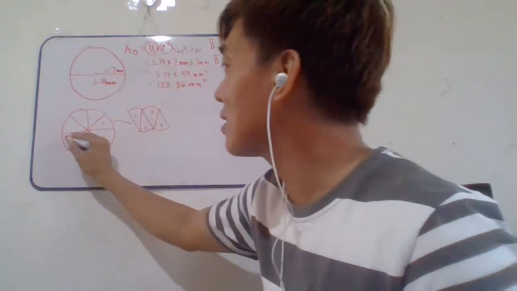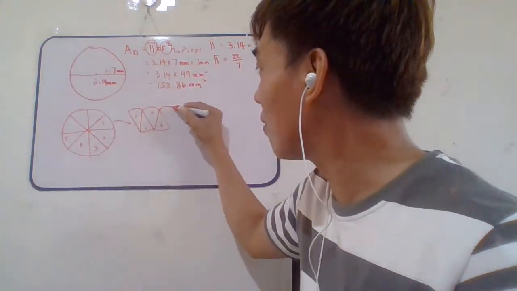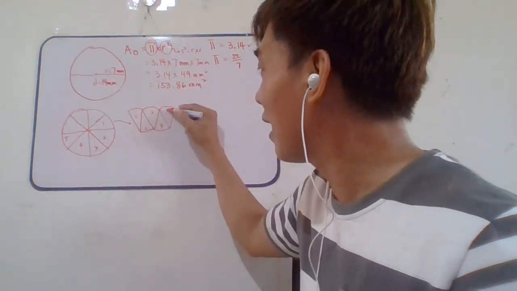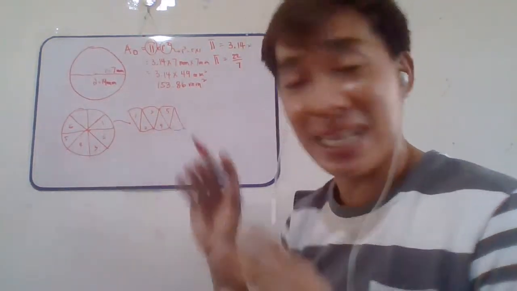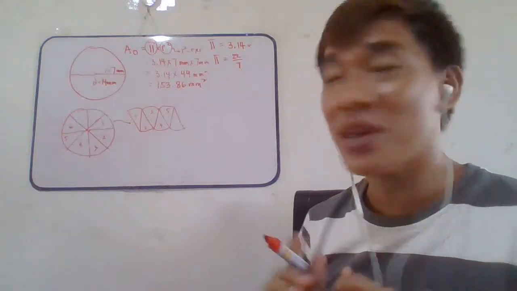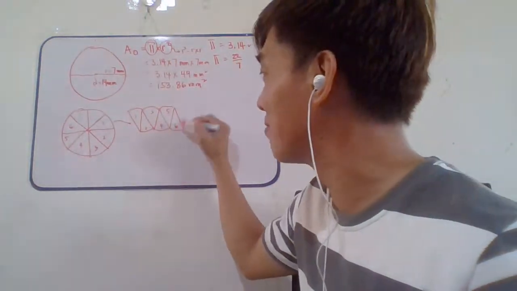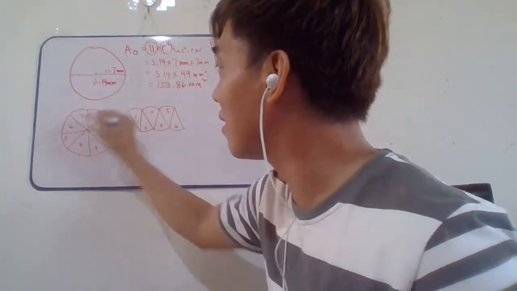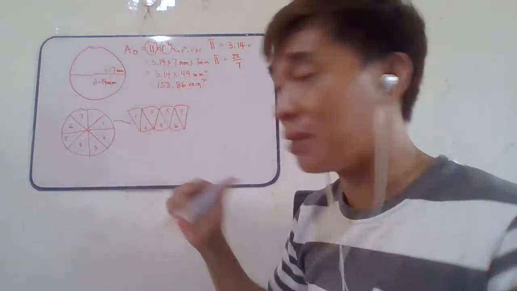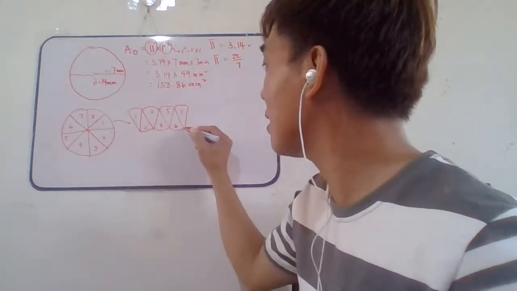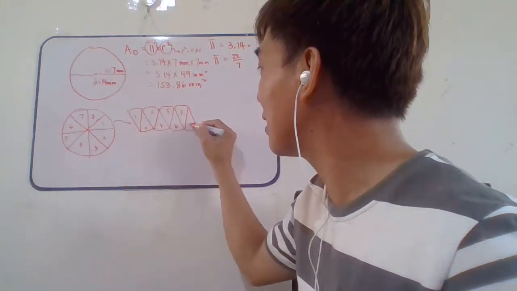This is number five. Hopefully this will help you. This is number six. I am discussing the derivation of how we arrive at pi r squared. Number six. This is number seven. Sorry. Number eight.